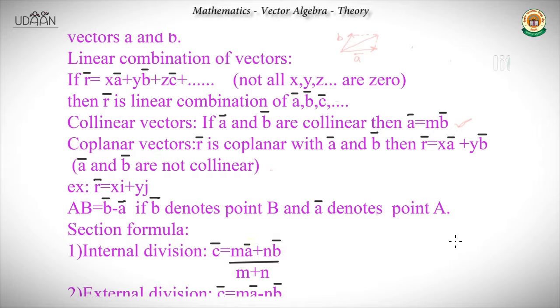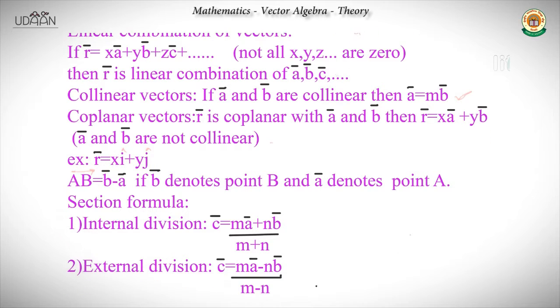Take an example, r bar is equal to x i cap plus y j cap. So r bar will be coplanar with i cap and j cap, that is in the xy plane, and AB bar is given by B bar minus A bar, where B bar denotes the point B and A bar denotes point A.